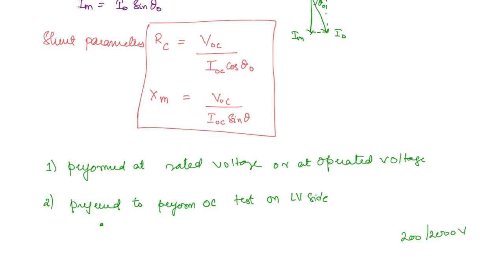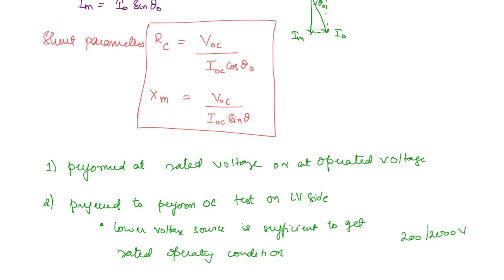If you do the test on the HV side, then you have to supply 2000 volts, but if you are doing it on the LV side, then a 200 volt supply is enough. So that is one reason: a lower voltage source is sufficient to get rated operating condition.